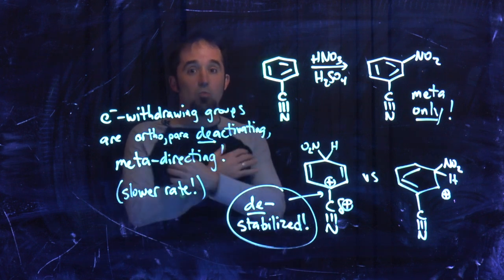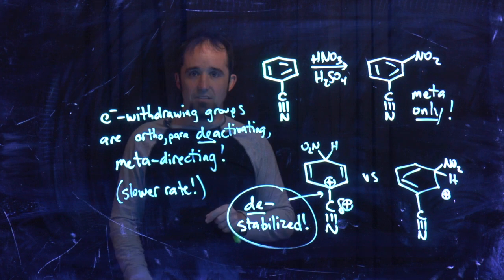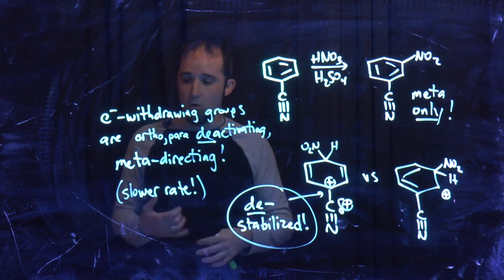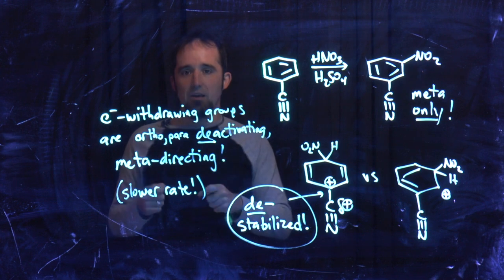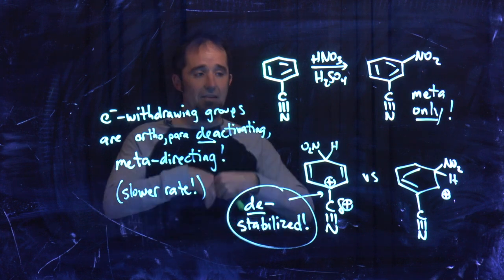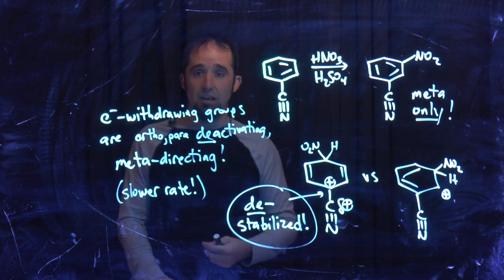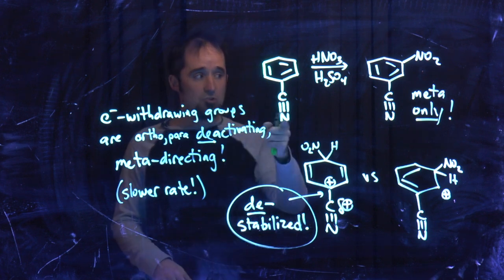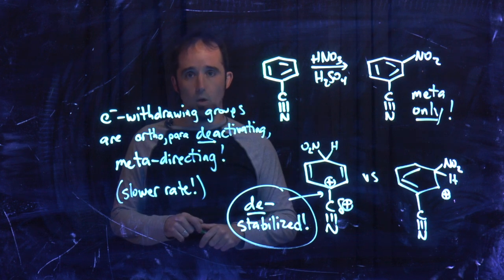But they are really killing the ortho and para rates, right? So overall, the reaction is slower. It's ortho-para deactivating, and so in that way, it's meta-directing. So if I have a donating group, I'll see ortho-para substitution, and it'll be fast. If I have a withdrawing group, I'll see meta-substitution, and it'll be slow.